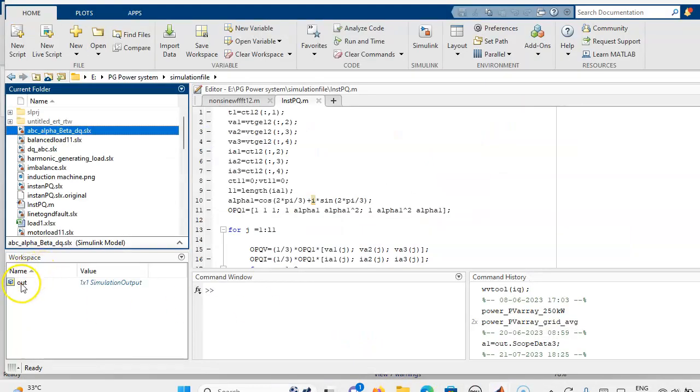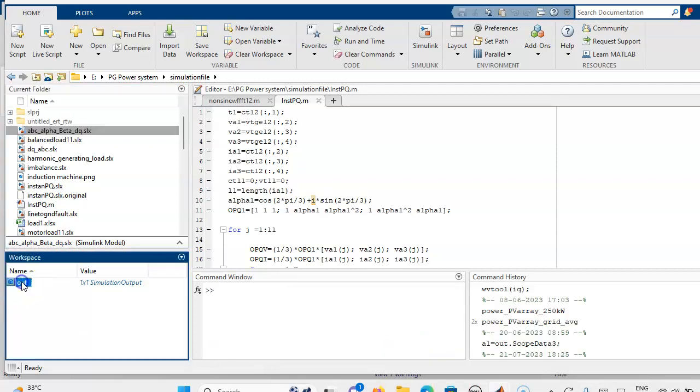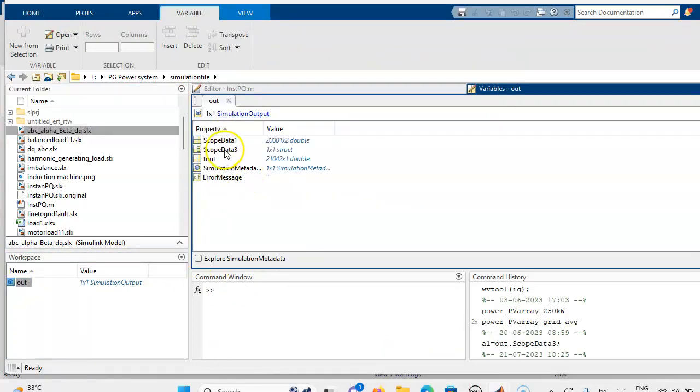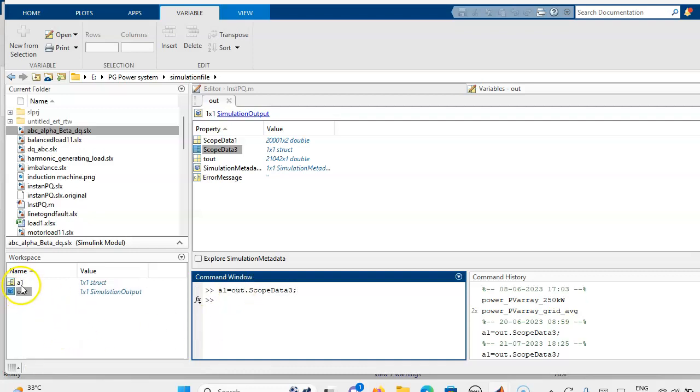So in the workspace we are getting out, the scope 3 data. So scope 3 data we can take as A1 is equal to out dot scope data 3 semicolon, so that we will get A1 as the structure.